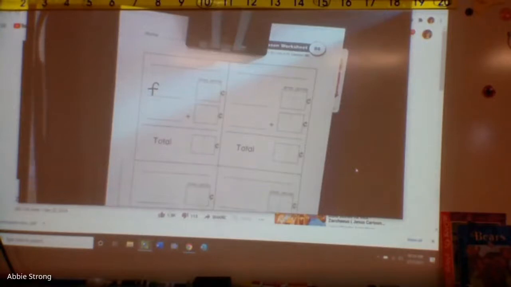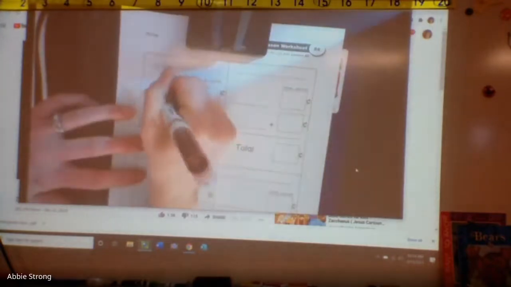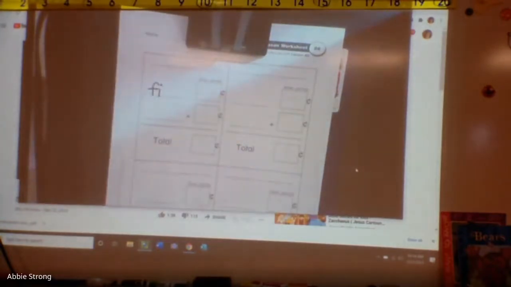What sound makes the I sound? Like icky and igloo and insect. Addison. I. Good. Now, does anybody remember the two letters we use that are partners that make the sh sound? Like when you go to the library and you're talking, your mom says shh.